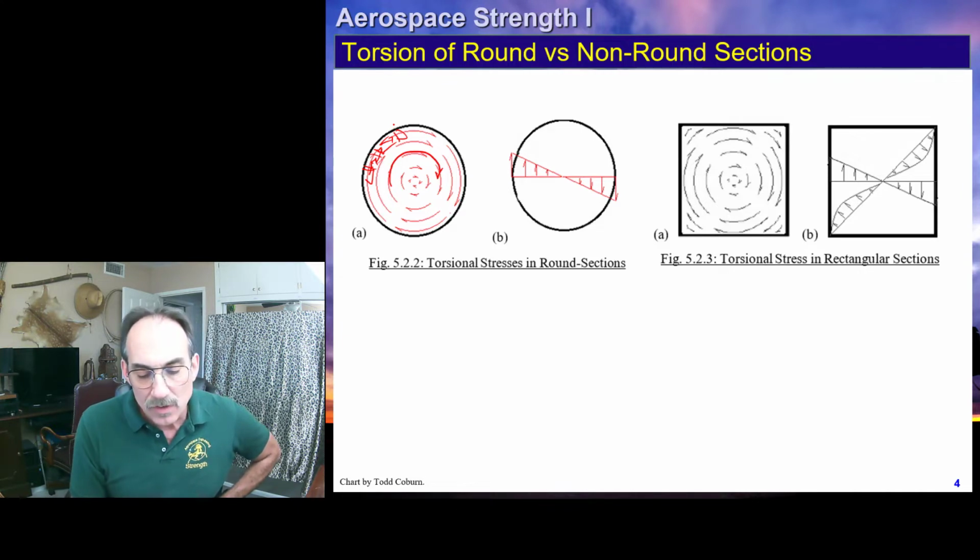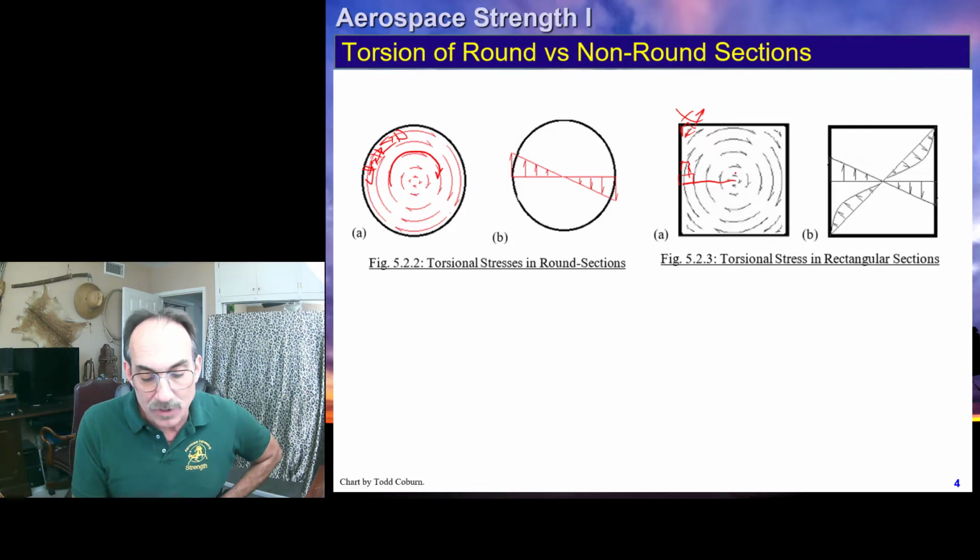Not so with a rectangular section. If we're here near the centroid, we can move like this. But once we get out in here, a little element right here can't move like this. It has to turn back on itself.